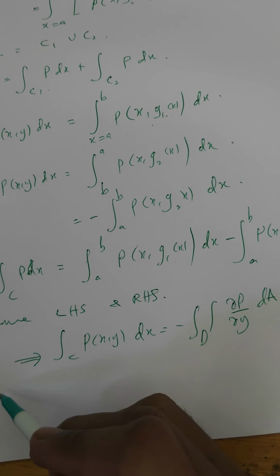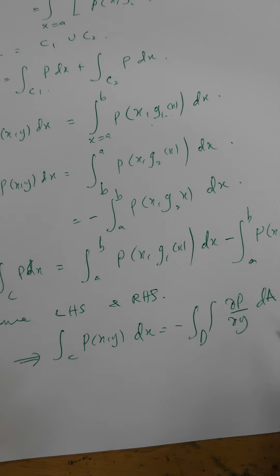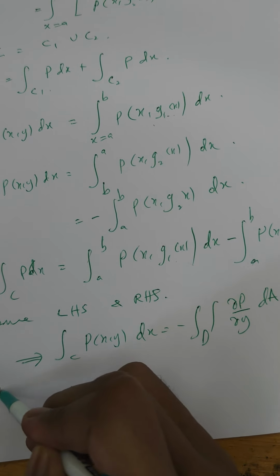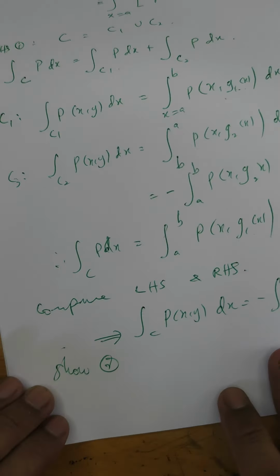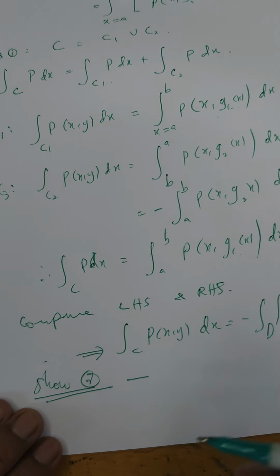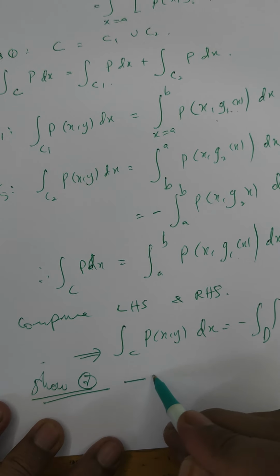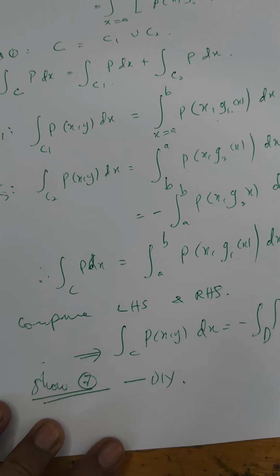Then you need to show equation number 2. For equation number 2, you just follow the same steps, except you need to change the function. I want you to do this.